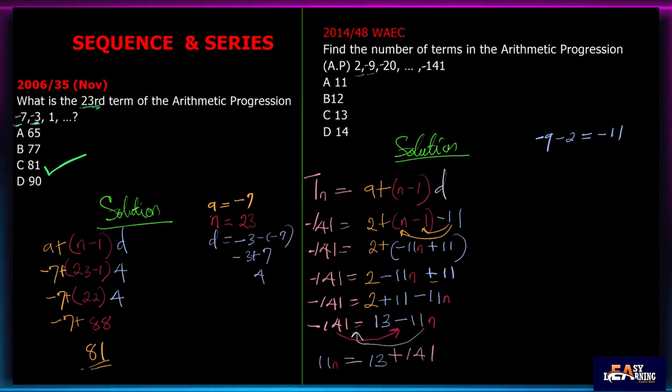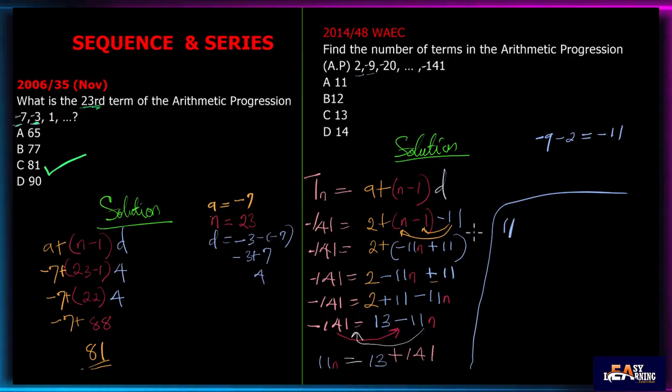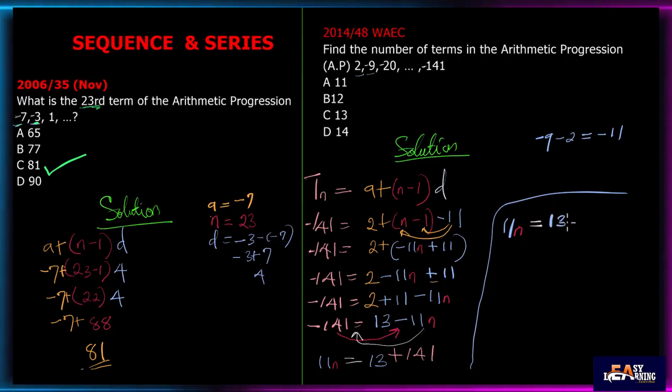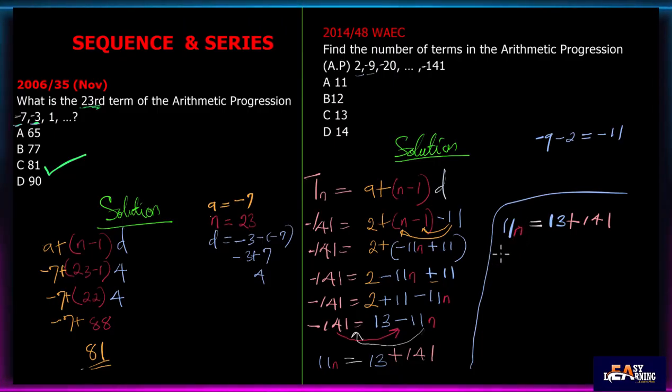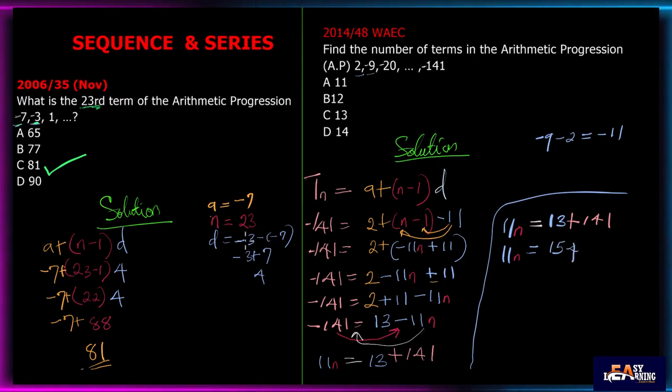If we add this up, 11n now equals 13 plus 141, and that will give us 154.